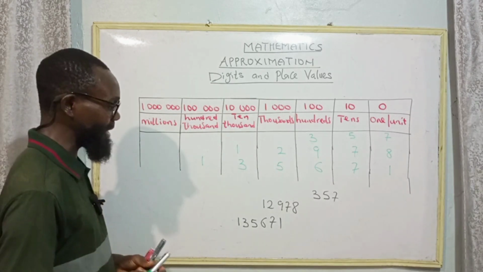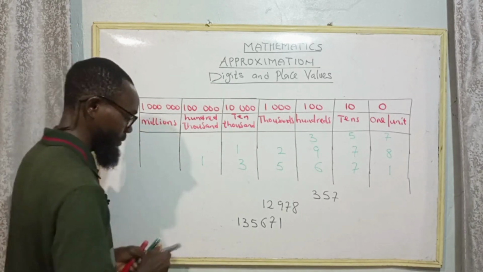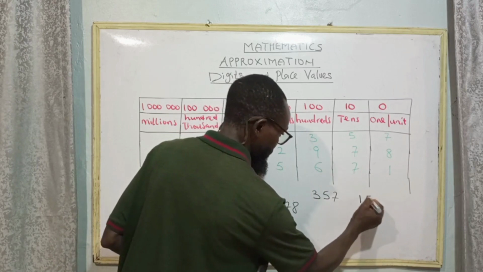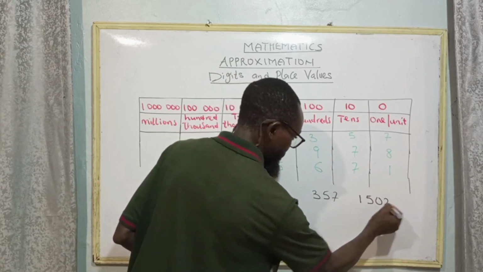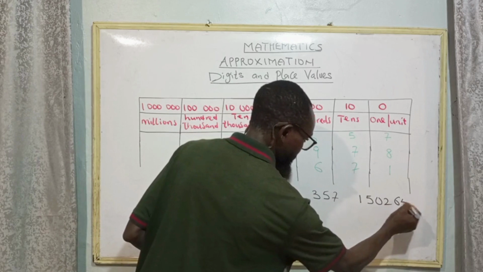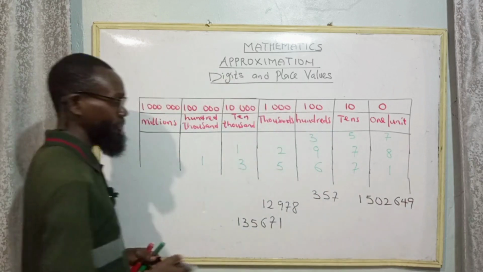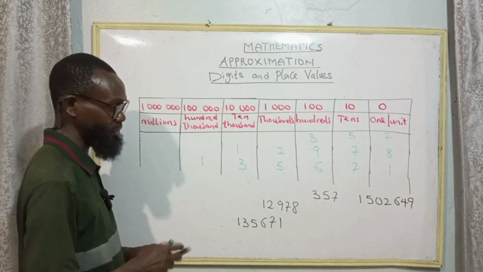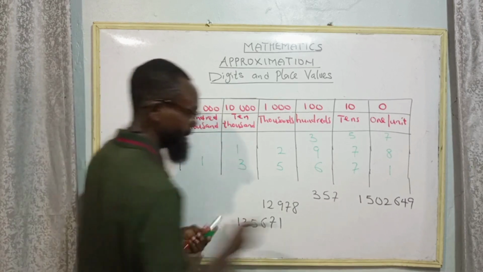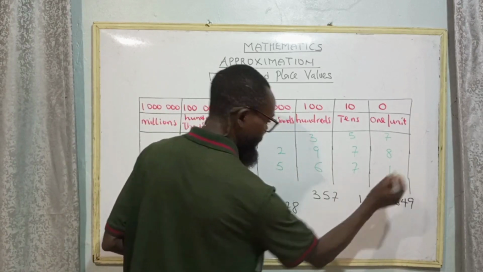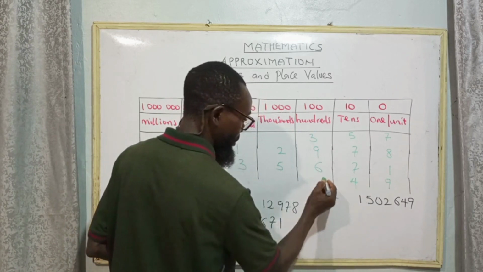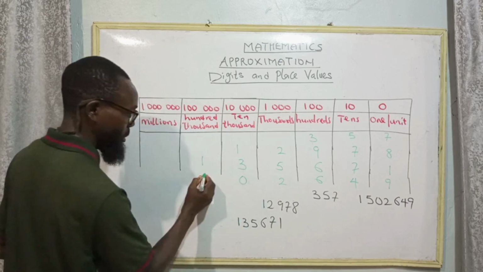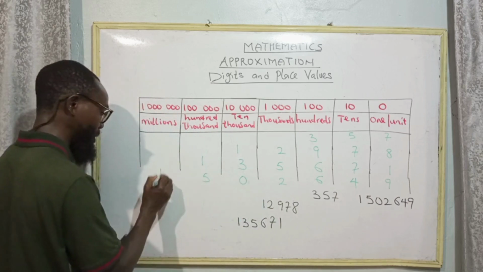Okay, let's take one also. Let's look at 1502649. Now let's write it there. We have 9, 4, 6, 2, 0, 5, and 1.